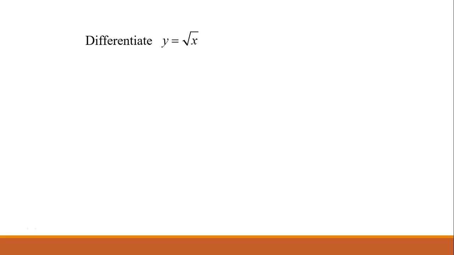Now, sometimes the power rule is a little bit hidden in these problems. That's the case with this one. We want to differentiate y equals the square root of x. What you need to remember is that the square root of x is the same thing as x to the 1/2 power.